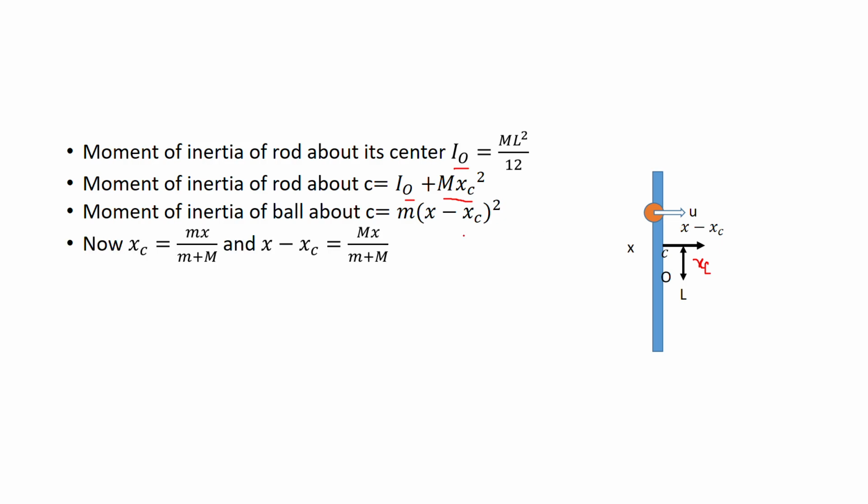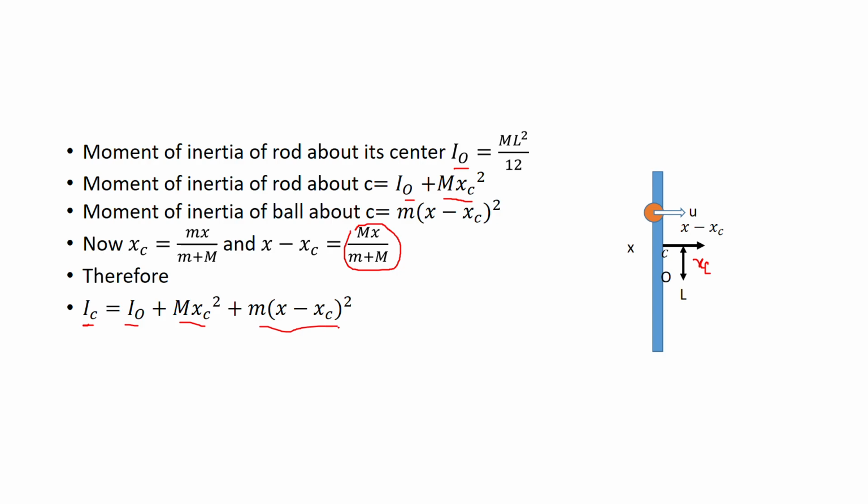Now xc we have just calculated is mx divided by (m plus M). Similarly, x minus xc can be calculated by subtracting, and this is Mx divided by (M plus m). Therefore, the total moment of inertia of the system about point C, that is Ic, equals I naught plus M into xc square plus m into (x minus xc) whole square.